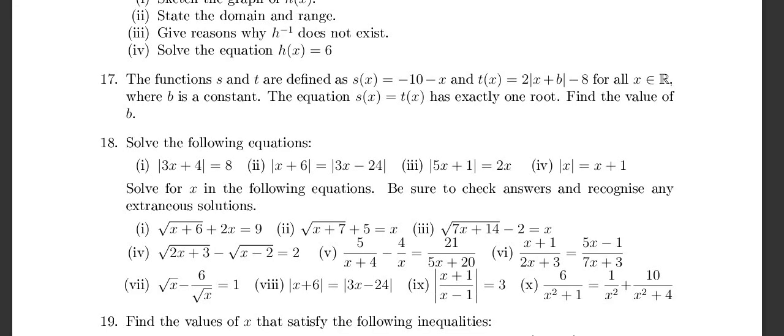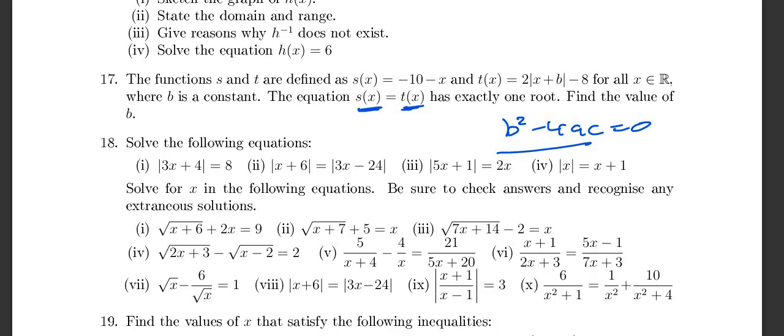Yes, we can. Okay, so question 17, they're saying the functions s and t are defined by these equations given here. For all x, which is any real number, where b is a constant, the equation s of x is equal to t of x has exactly one root. So if it has one root, it simply means the discriminant is equal to 0, right?